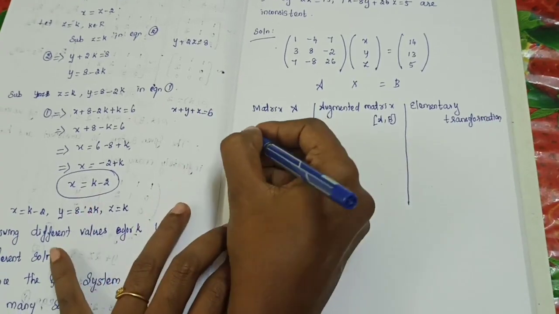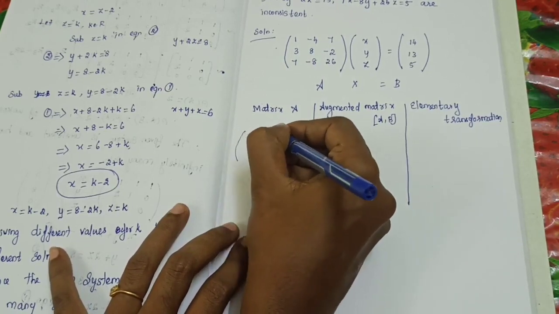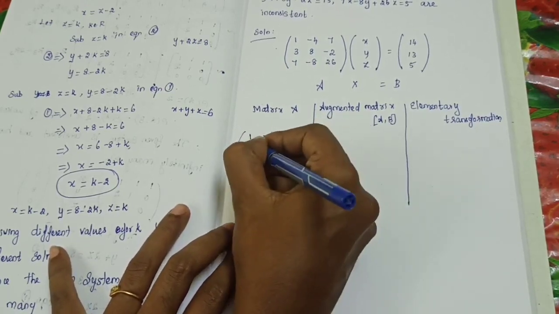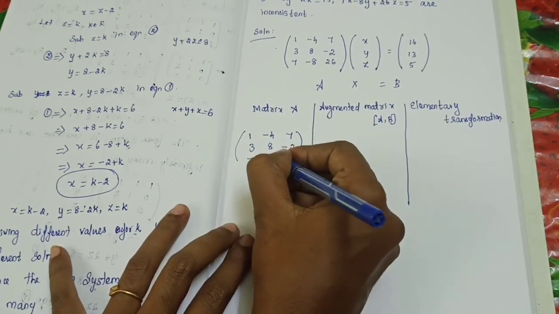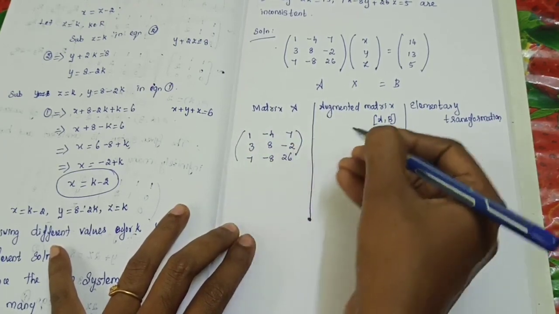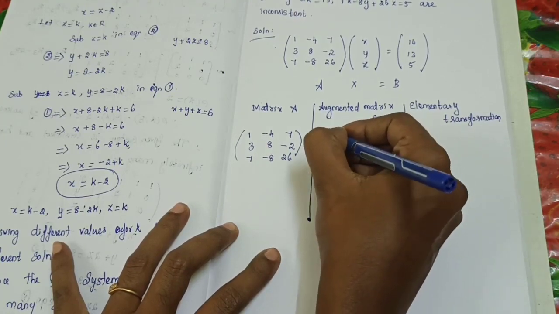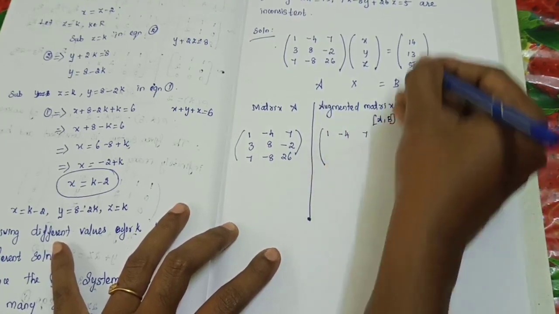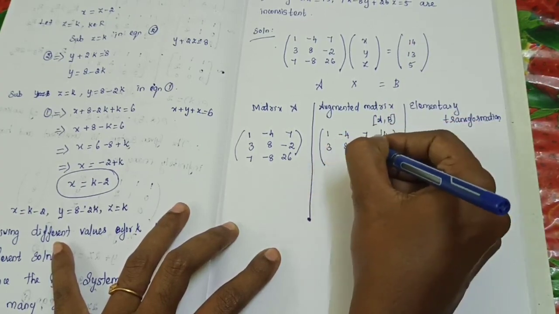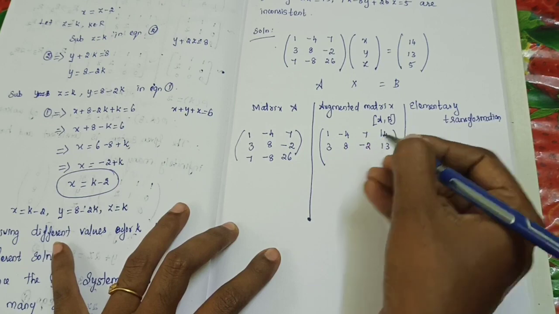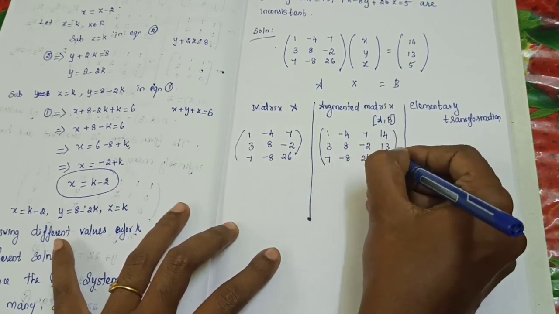Okay, so first I am going to write the matrix A, that is 1, minus 4, 7, 3, 8, minus 2, 7, minus 8, 26, then augmented matrix, that is (A, b), then 1, minus 4, 7, 14, then 3, 8, minus 2, 13, 7, minus 8, 26, 5.